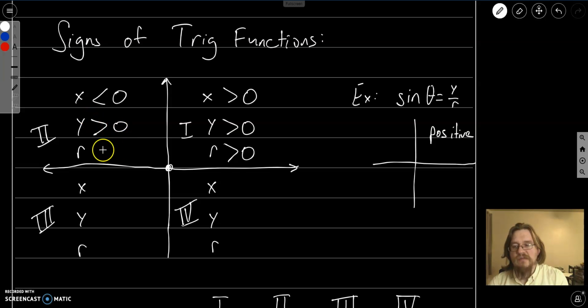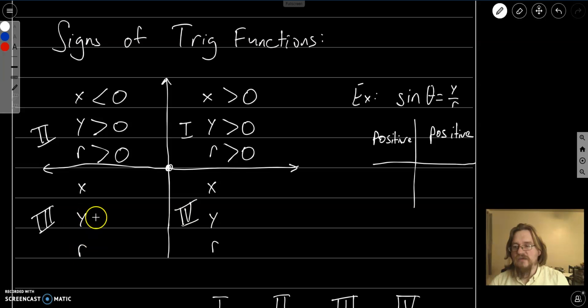So y is going to be positive, and r is also going to be positive. Why is r positive? It's a distance. Distances are always positive. So sine here, which is y divided by r, is going to be positive up here as well. Again, y is positive, r is positive. Divide two positive numbers, you get a positive number.